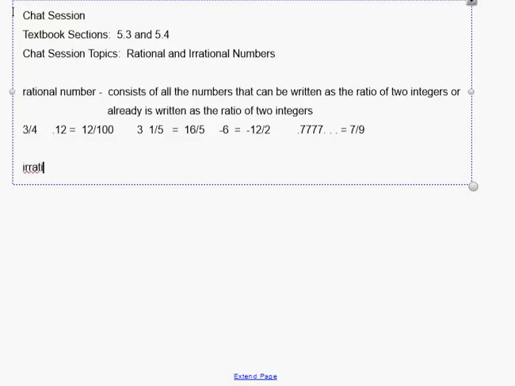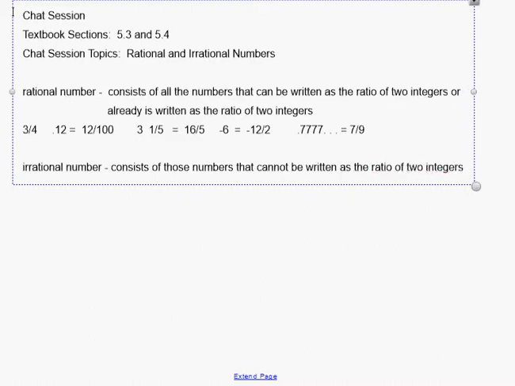So an irrational number consists of those numbers that cannot be written as the ratio of two integers.